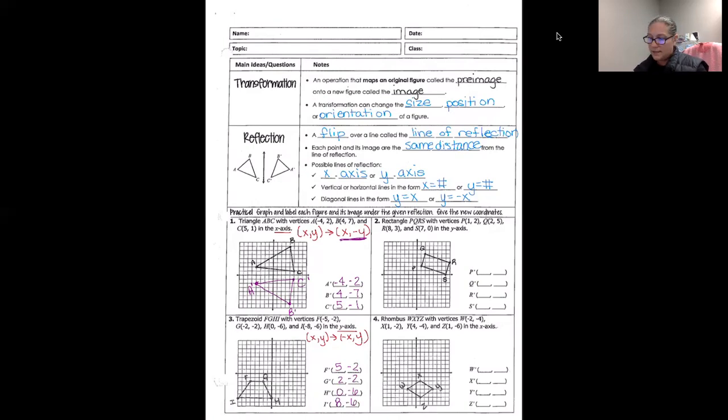And we're going to plot those and connect the dots. And label your points. And connect your dots.